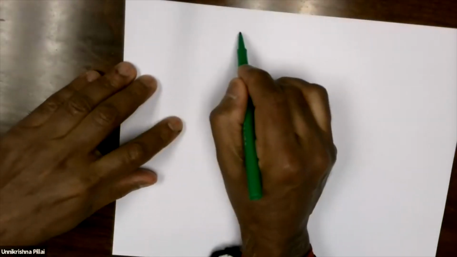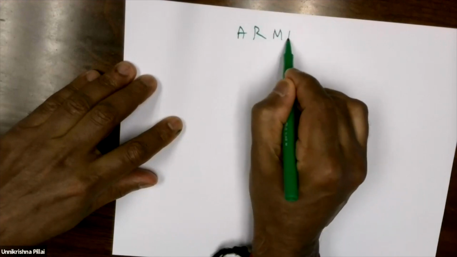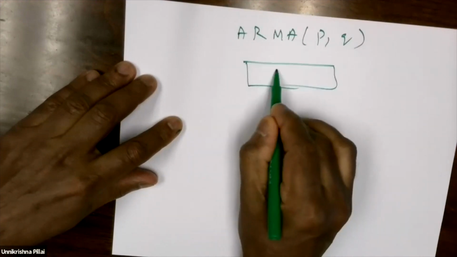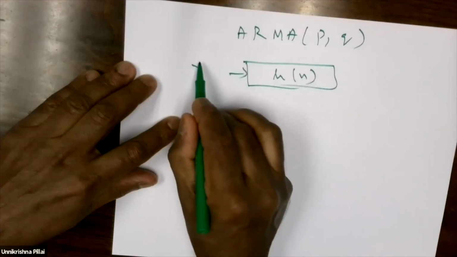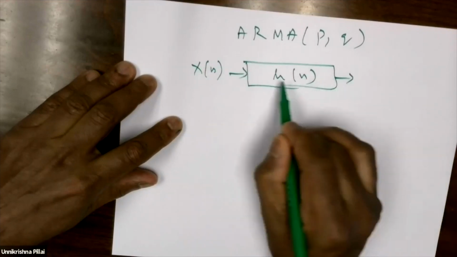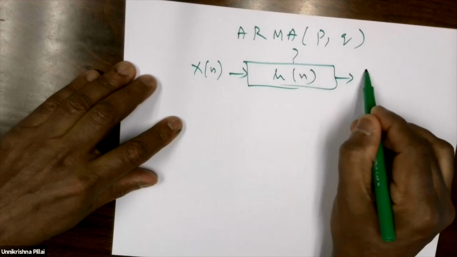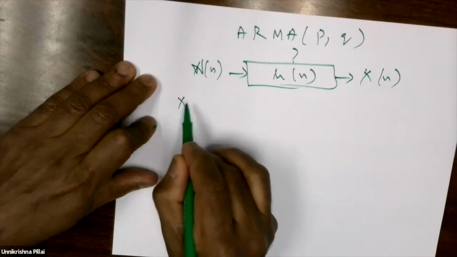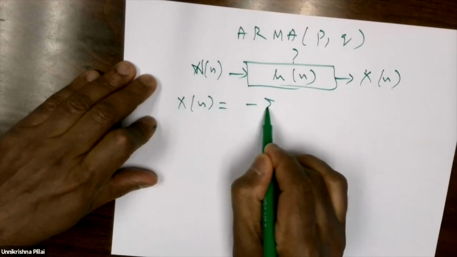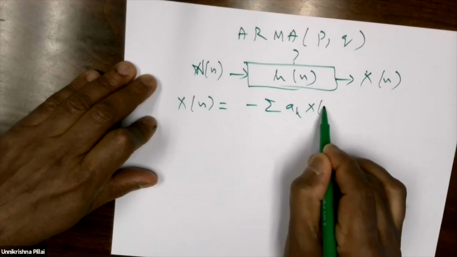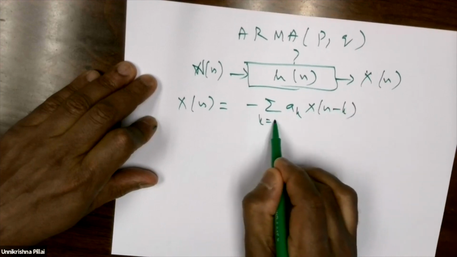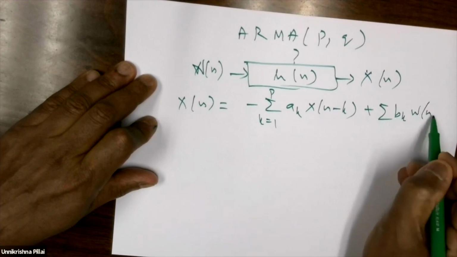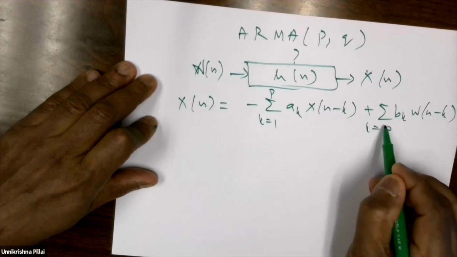So in an ARMA(p,q) system, which is, if you want to represent it this way, let's see what this system is. So x[n] is, of course, minus sigma a_k x[n minus k], k from 1 through p, plus sigma b_k w[n minus k], k from 0 through q.